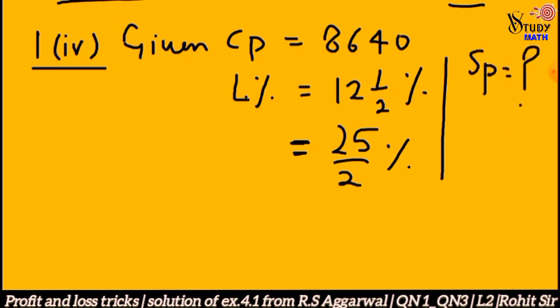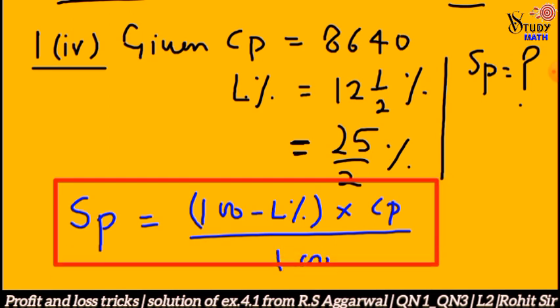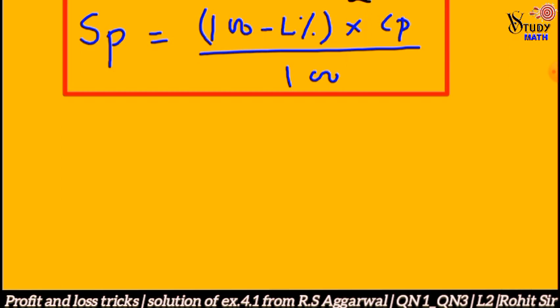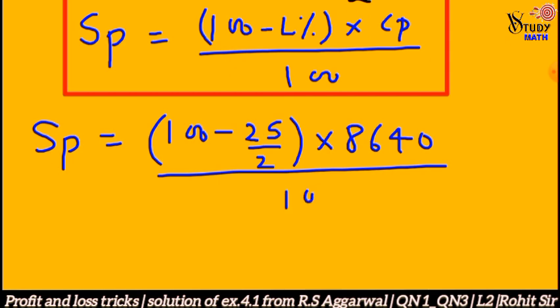So let's apply the formula. The formula of SP is here 100 minus loss percent, bracket close, multiply CP upon 100. This is the formula. Now fill all the values here. So SP is equal to 100 minus 25/2, small bracket close, and the CP is given here 8640 divided by 100.